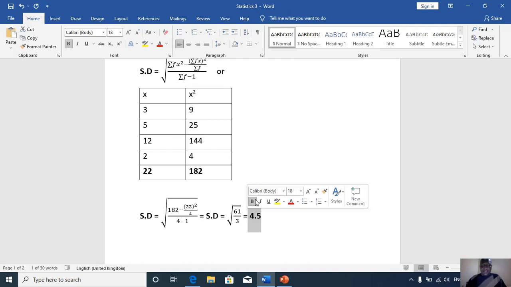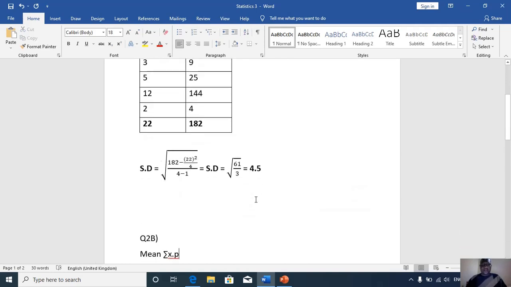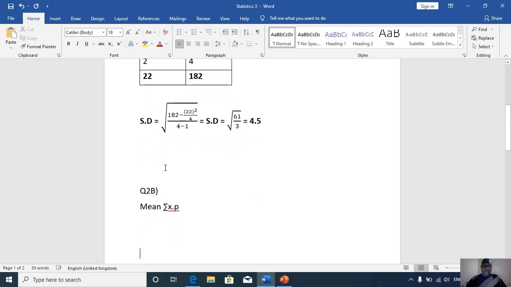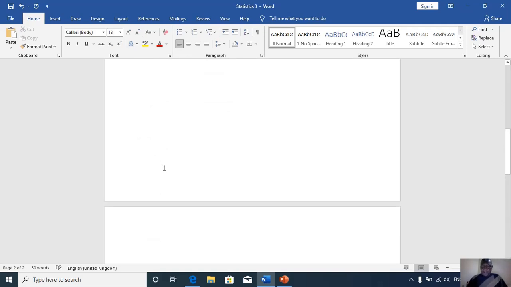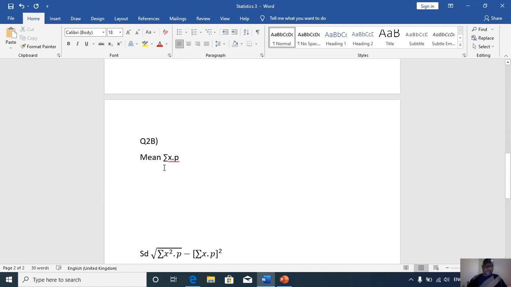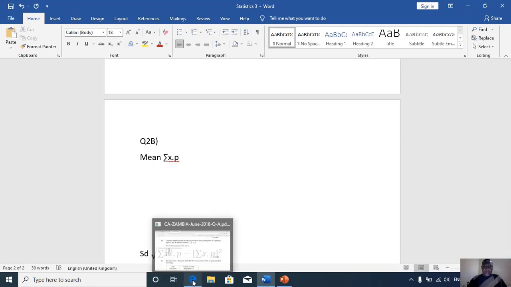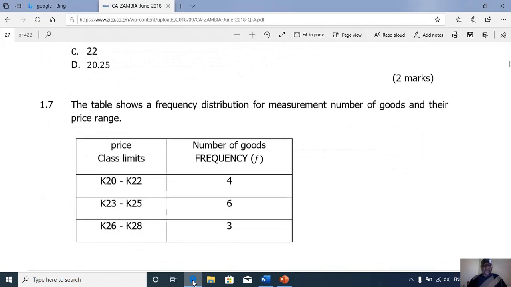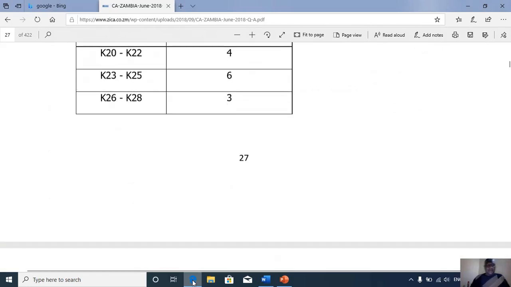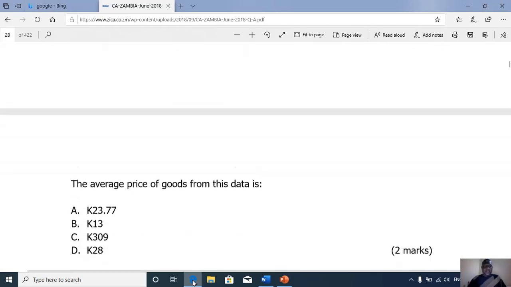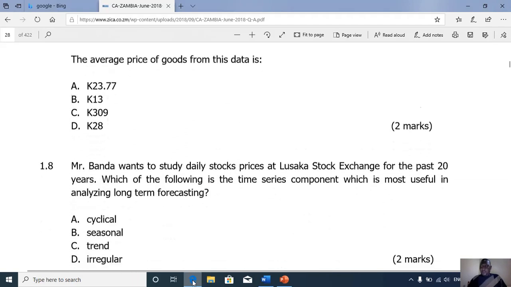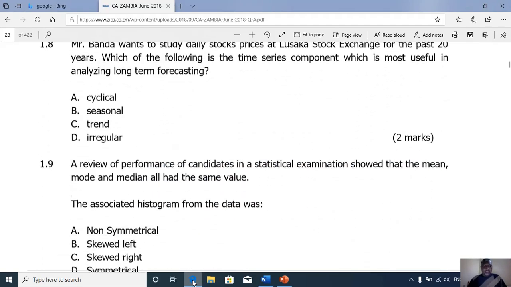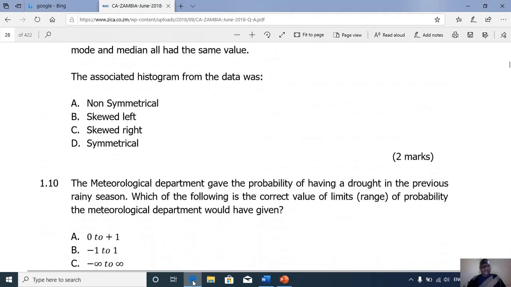Now let's look at standard deviation for a probability distribution. Let me just push this data down. Standard deviation for a probability distribution. So back to the question. The question should be question number 2B of section B. So let's just scroll down to section B and look at that particular question.